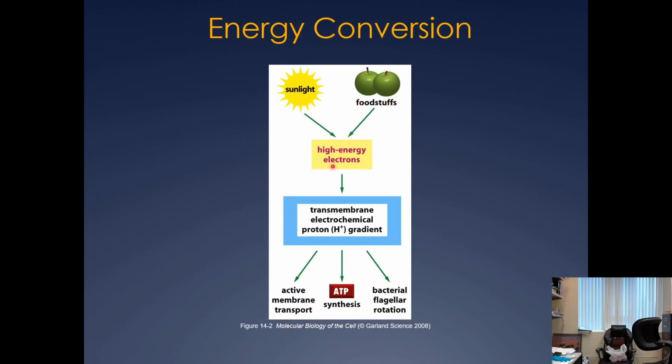Then, using those high energy electrons, you can establish a transmembrane electrochemical proton gradient, and that gradient can drive ATP synthesis, or as we saw before with the membrane potential, it helps with membrane transport, and it can also cause bacterial flagella to rotate.